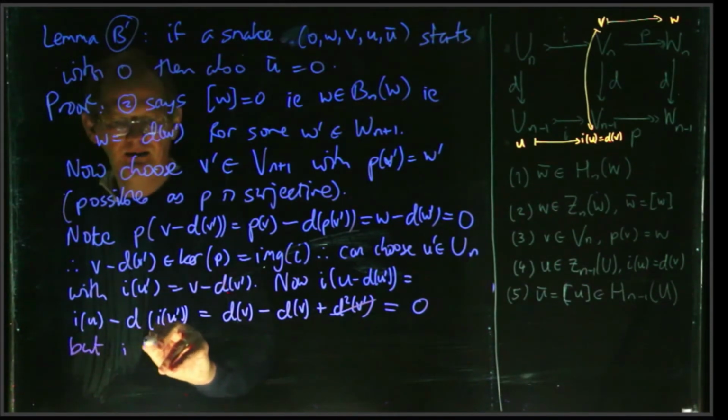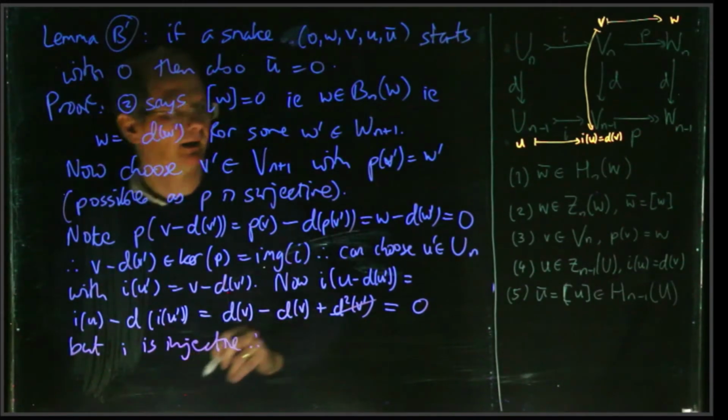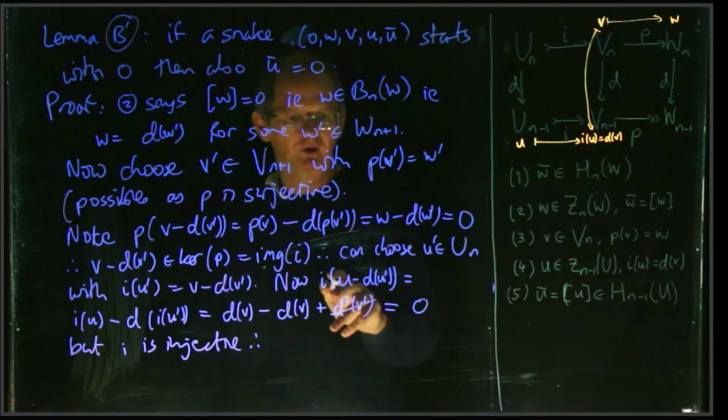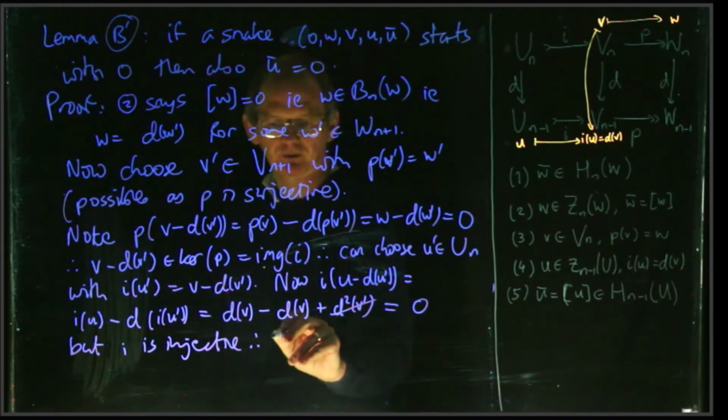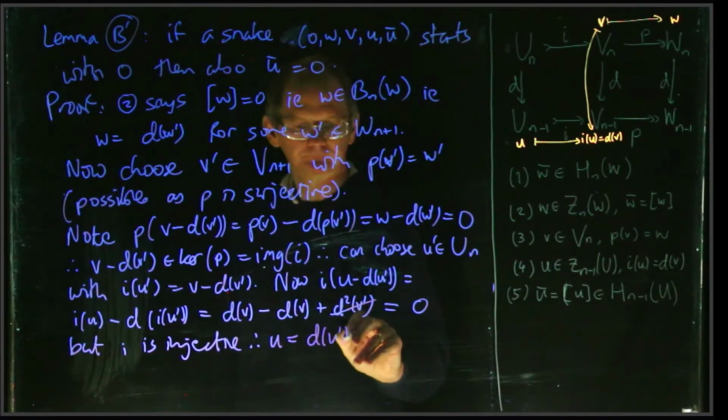But I is injective, and we've got I of u minus du prime is 0, so it follows that u has got to be equal to du prime.